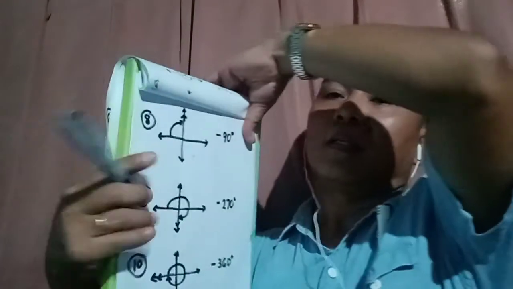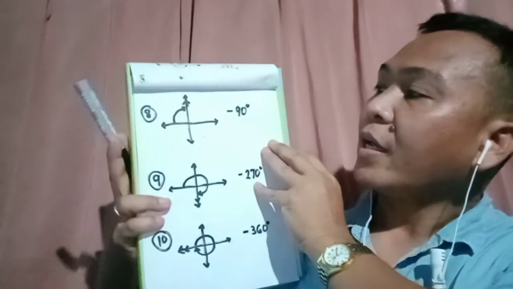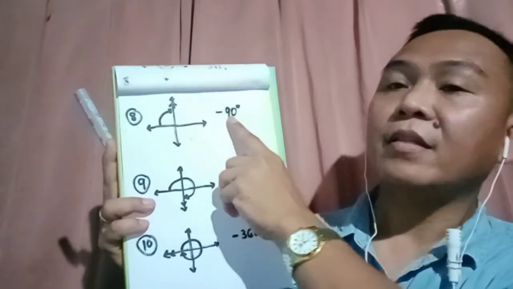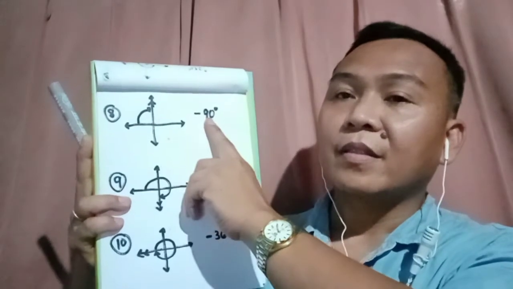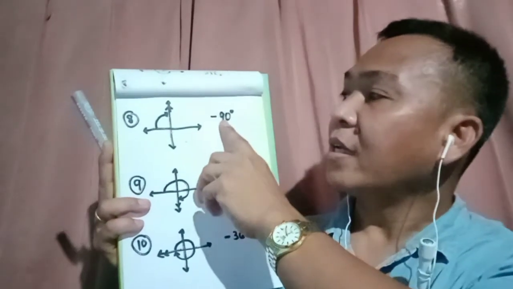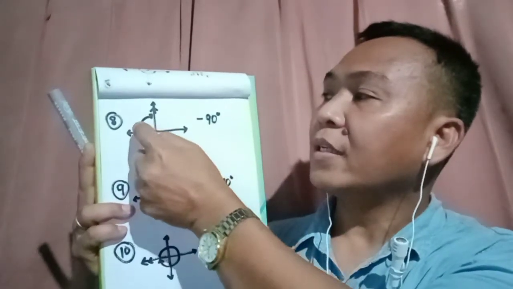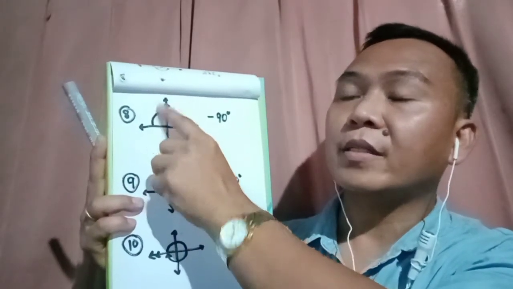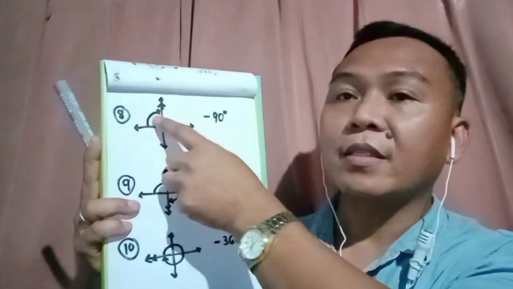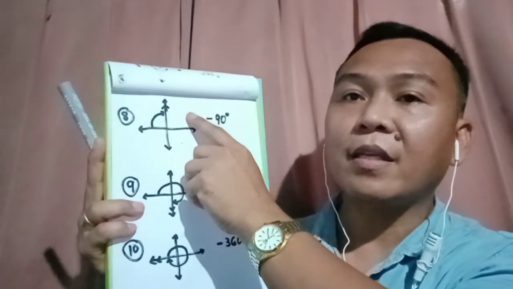Another example. In number 8, we have negative 90 degrees. How does this happen? Yes, this is negative 90 degrees because the angle is from the negative x-axis to the positive y-axis. This angle measure is exactly 90 degrees. Why is it negative?